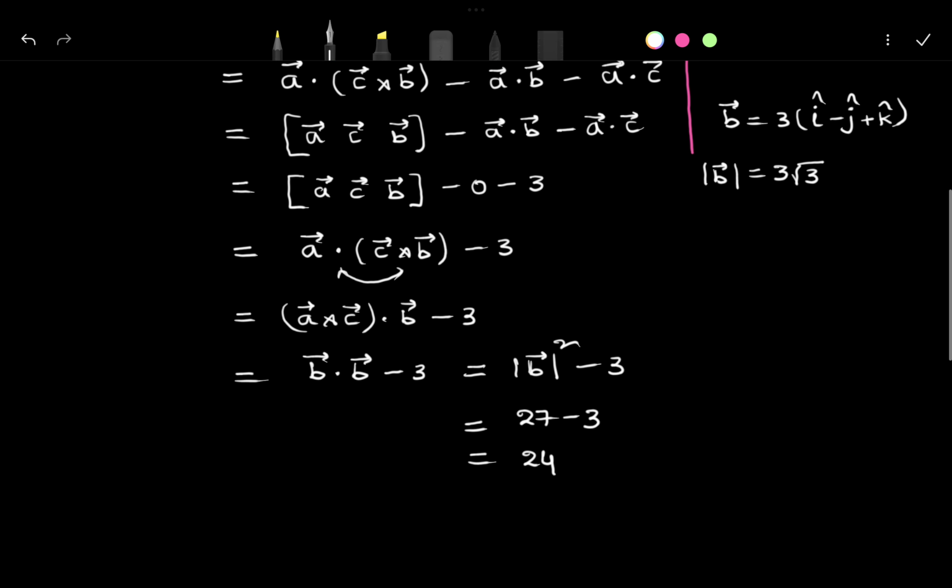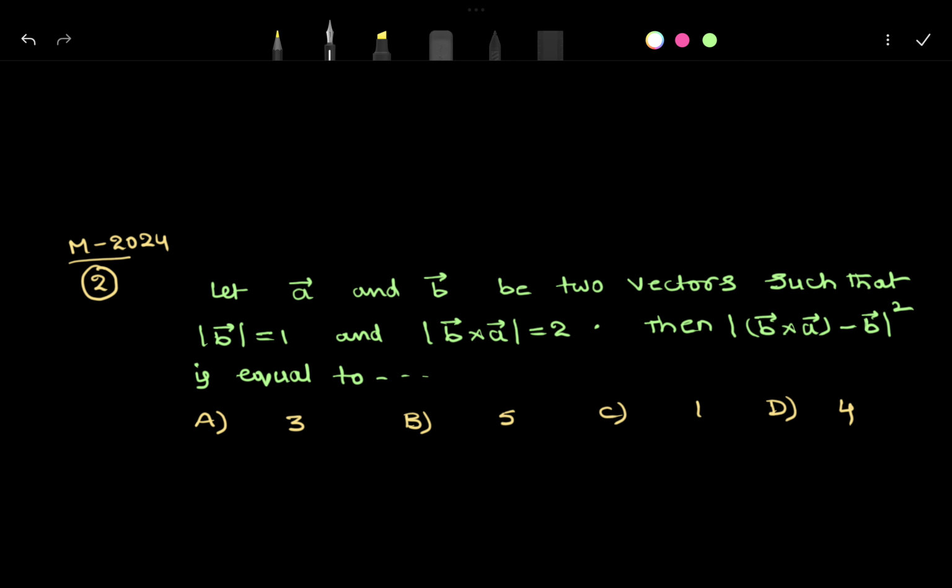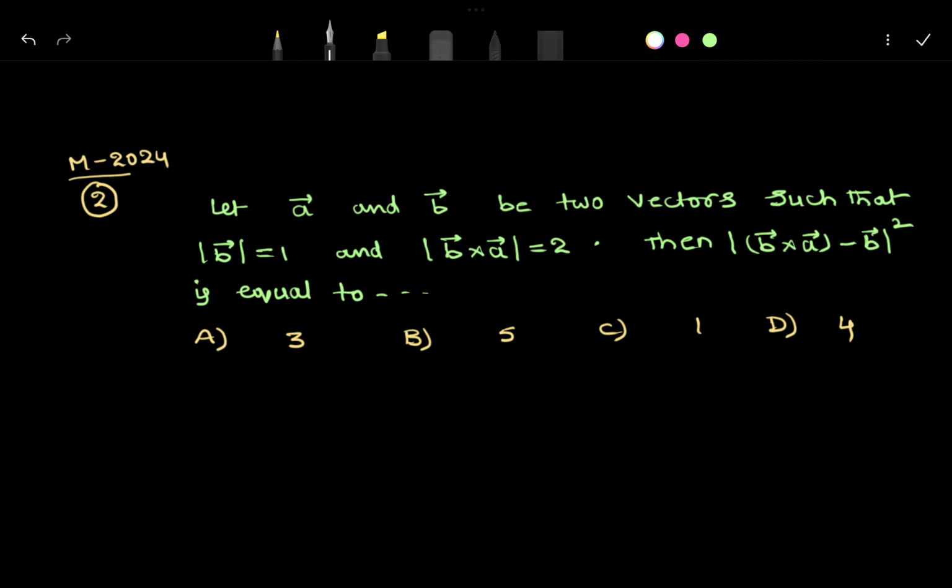Okay, next let us see one more question in this module. Let a bar and b bar be two vectors such that modulus of b bar is equal to 1 and modulus of b cross a is equal to 2.